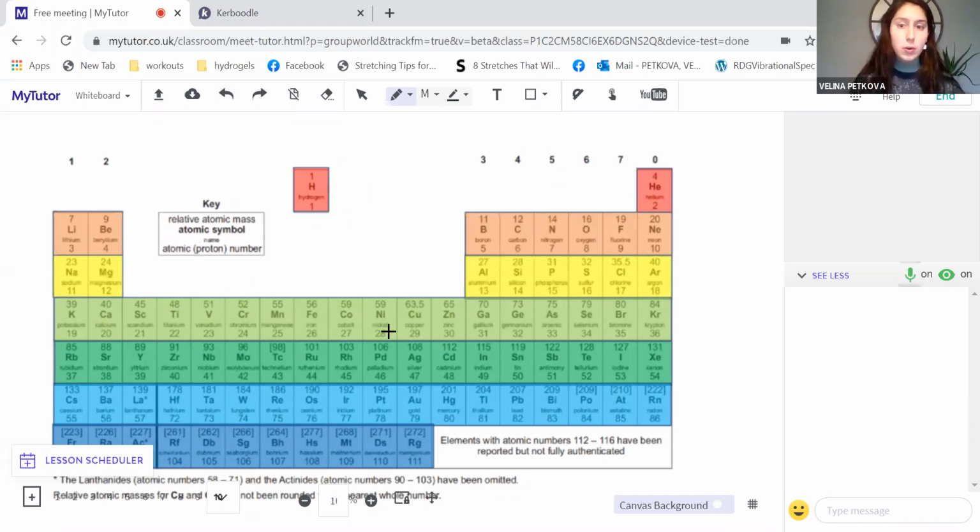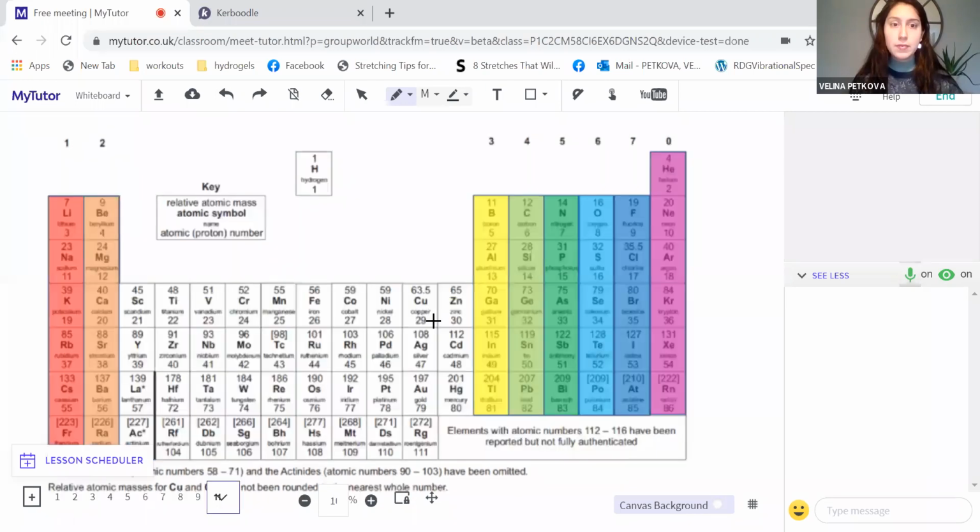So then, what other way is the periodic table arranged? We also have the groups, okay? Your vertical columns are all called groups. And does anyone know what the group number tells you? These numbers at the top are your group numbers, okay? And they're really important. They tell you a lot of information. Yeah, perfect.